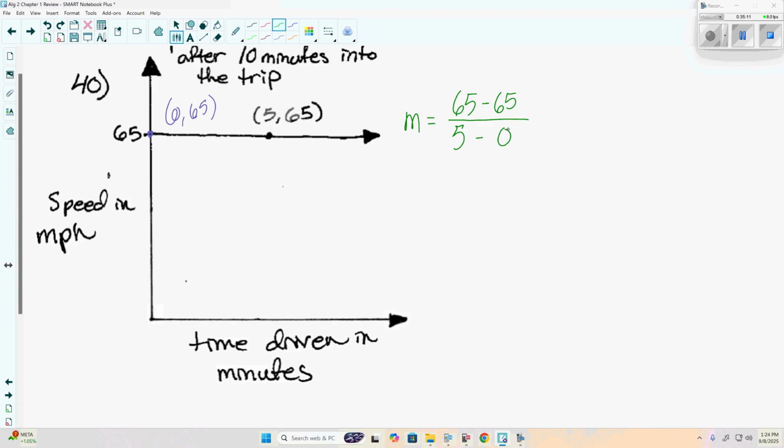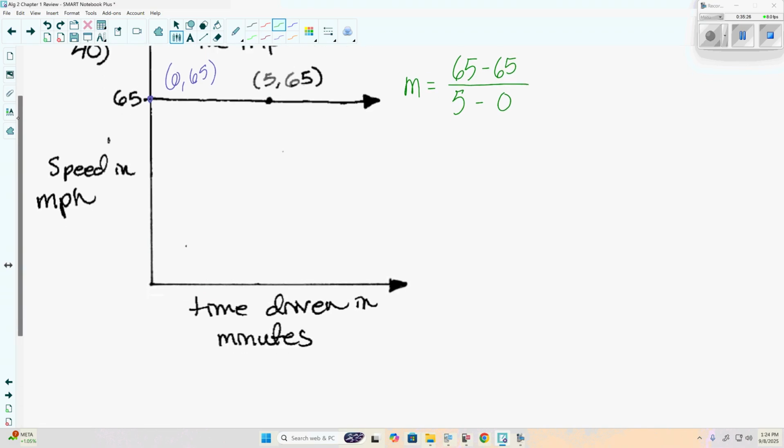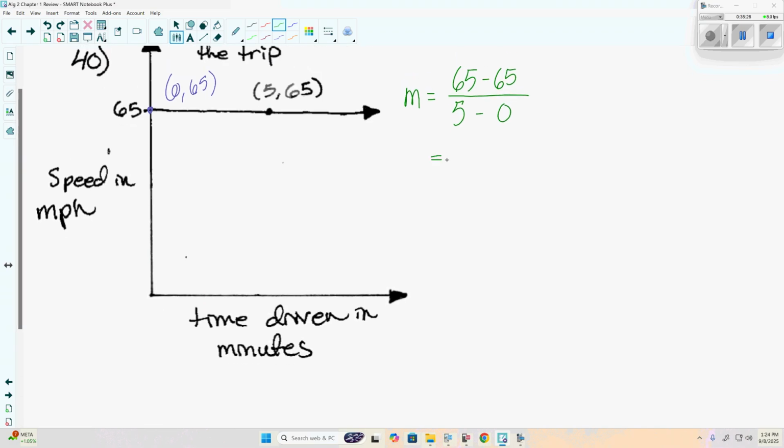Now, because they both have the same value, the way I order the x variables is up to my choice. I'm going to put the 5 first. I'm going to say 5 comma 65 was the first point, x2, y2. 0, 65 was my x1, y1. Numbers. 65 minus 65 is what? 0. 5 minus 0 is 5.